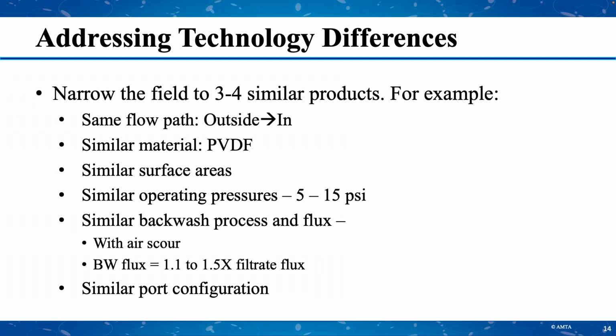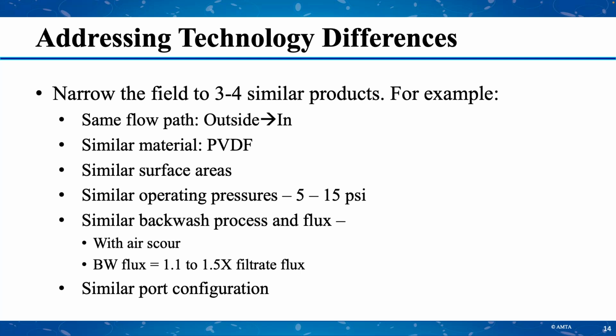So how do we handle that? Well, basically, you need to narrow the field. Typically to 3 or maybe 4 different types of similar products, as I noted in many instances here.